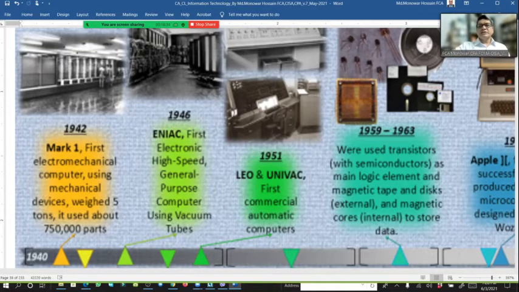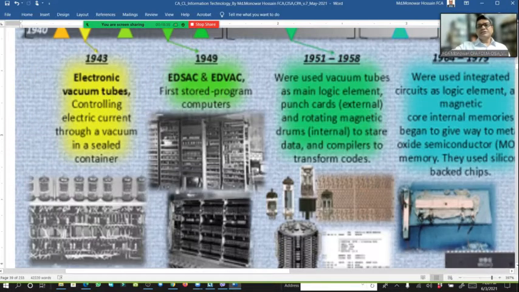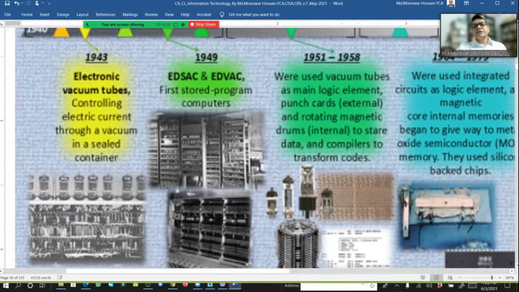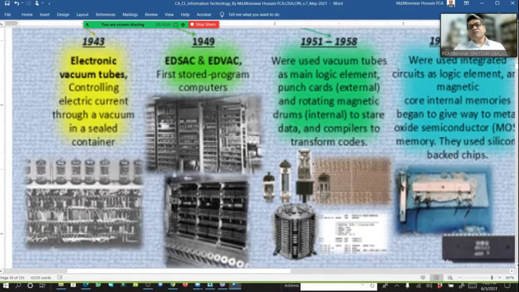This is the picture. From 1951 to 1958, computers used vacuum tubes as the main logic element, with punch cards externally and a rotating magnetic drum internally to store data.